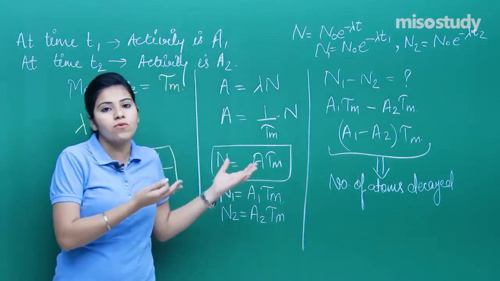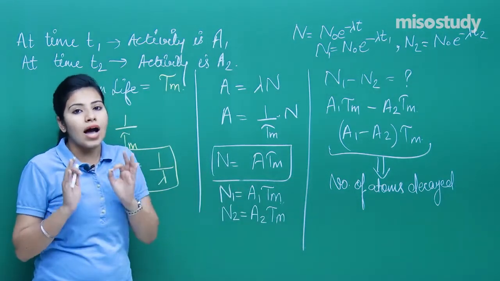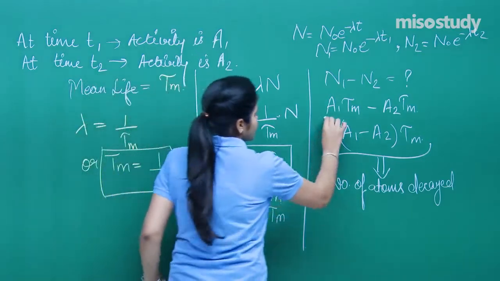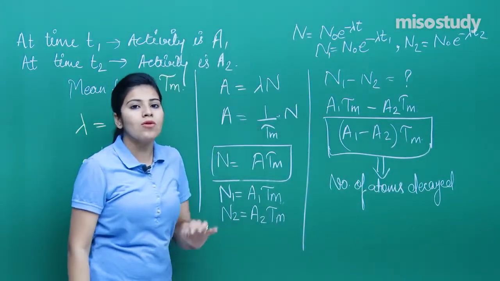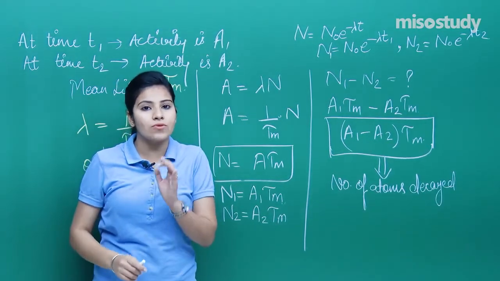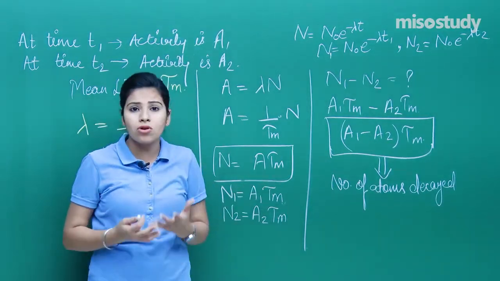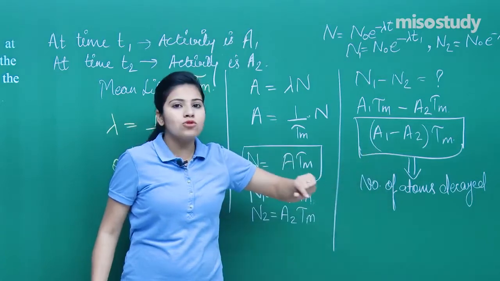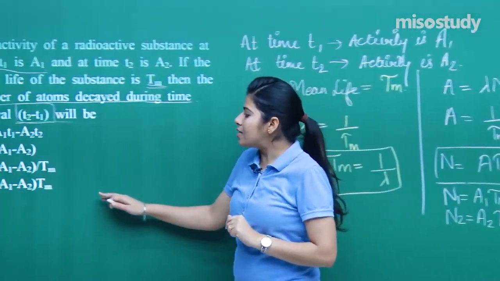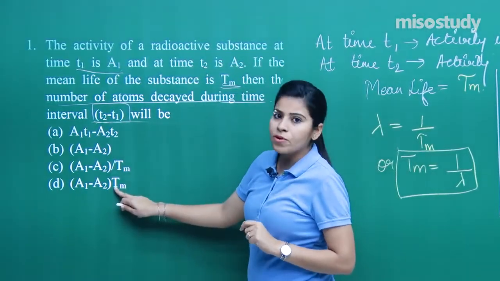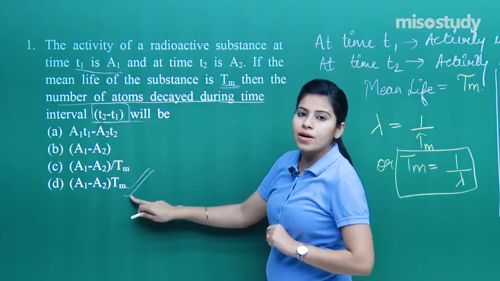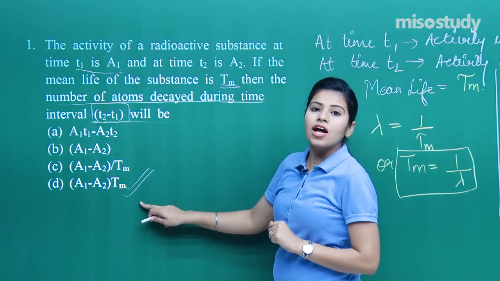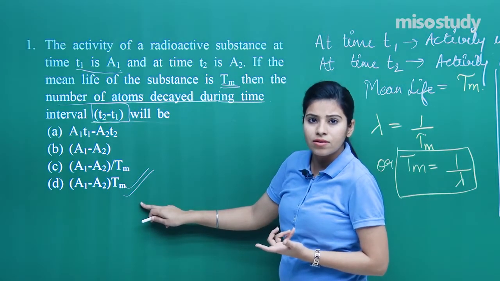So the answer of the question will be A1 minus A2 into Tm. Now let us go back to the options and verify whether this option is available. Option number 4, that is the D option, A1 minus A2 into Tm, is available here. So this must be the correct answer, right?